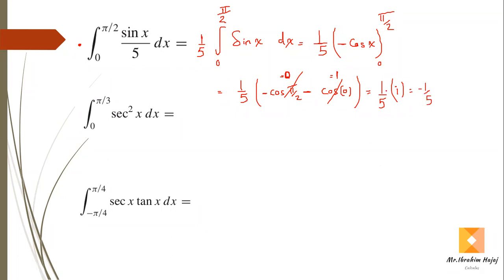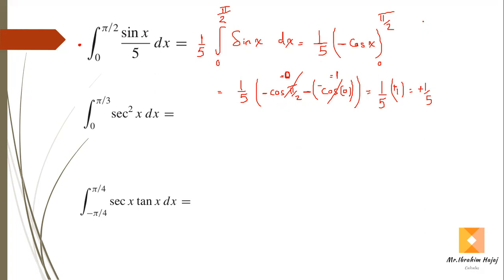It should be positive, because sine x is above the x-axis. Cosine 0 is 1, times negative 1, and cosine pi over 2 is 0. So here also there is a negative; we forgot it. So it's positive, and your answer should be positive 1 over 5.